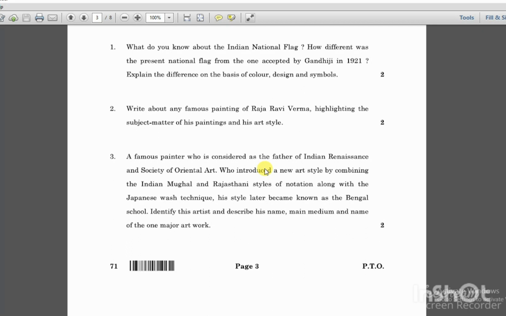आज का जो हमारा national flag है वो 1921 वाले से कैसे different है? So जो 1921 वाला national flag है वो All India Congress की meeting में accept हुआ था, and इसमें difference ये था कि जो उसमें 3 rows थे, 3 columns थे, and उसमें white, green and red color था, and बीच में एक चरखा का symbol था.